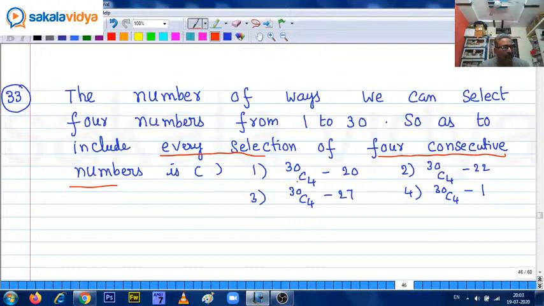Without restriction means we need to select four numbers out of 30. That can be done in 30C4 ways.